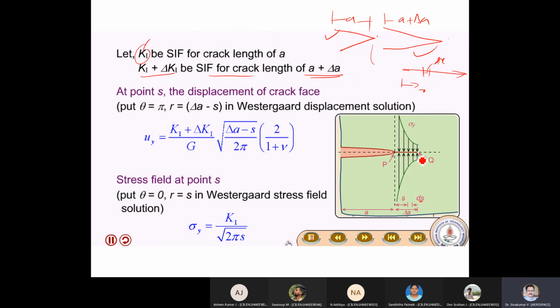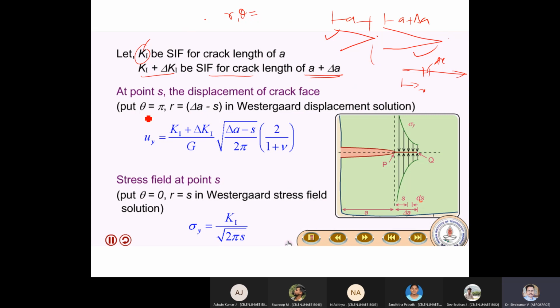Along this particular delta A, at a distance S, at a point S, I just want to get the displacement. So what is my theta? I told you, I can locate any point with respect to its r and theta in the stress intensity factor.